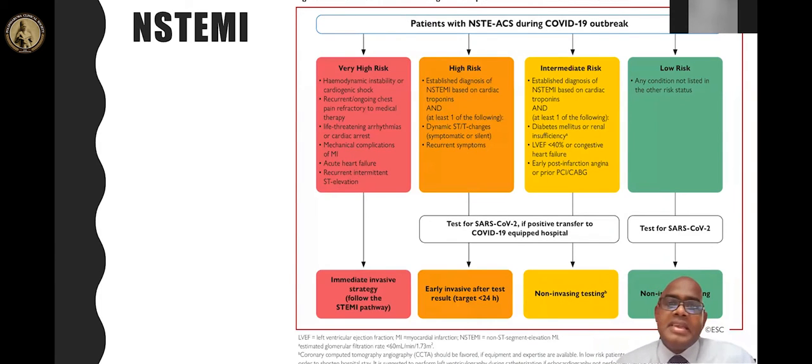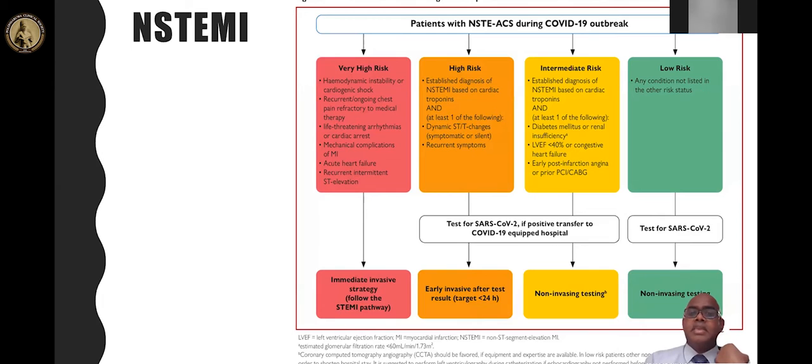When it comes to non-ST elevation MI, as I discussed previously, there are very high-risk groups, intermediate risk groups, and low-risk groups. Very high-risk groups are the ones having hemodynamic instability, like cardiogenic shock, recurrent chest pains, life-threatening arrhythmias, and heart failure.